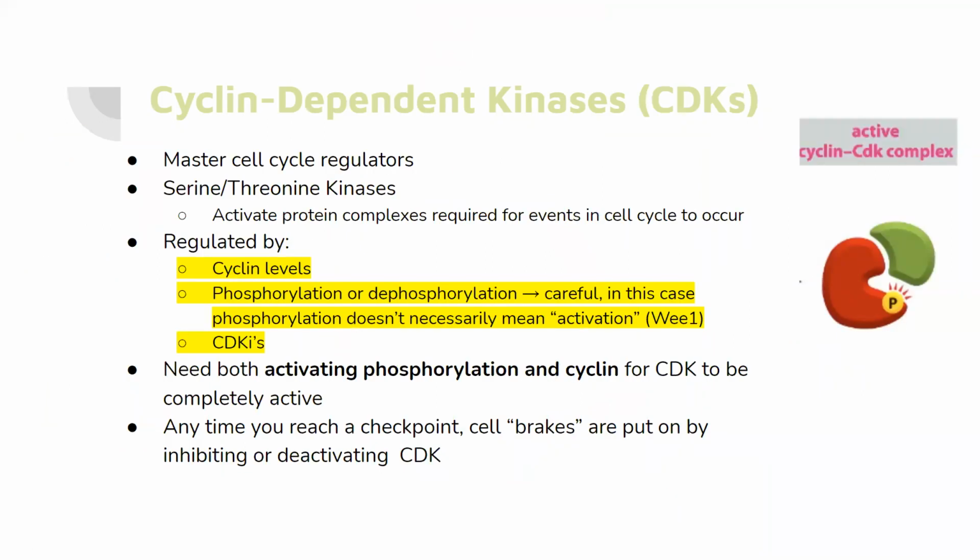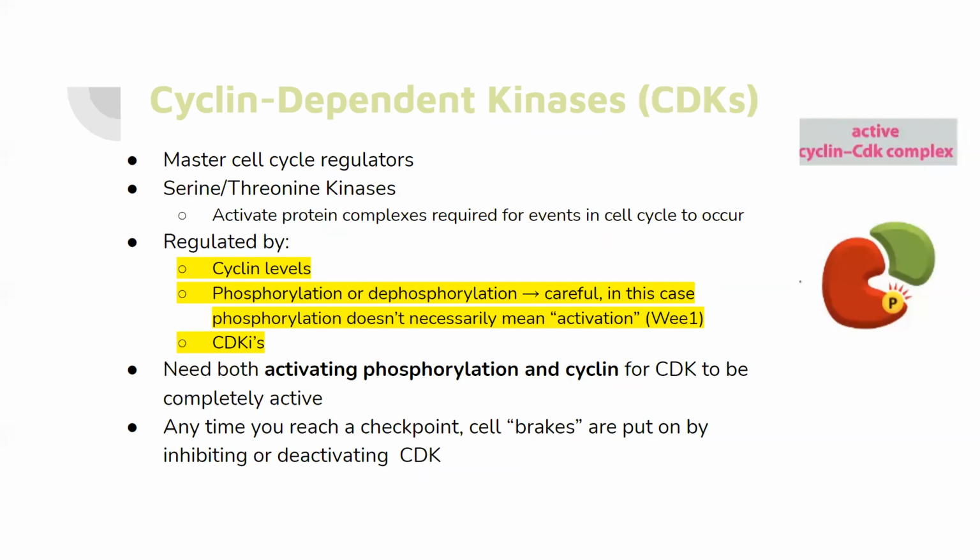Okay, so now CDKs, or cyclin-dependent kinases, are kind of like the cell cycle regulators. They regulate everything that happens in this cycle. They're mostly serine and threonine kinases. They require these protein complexes for everything to occur.